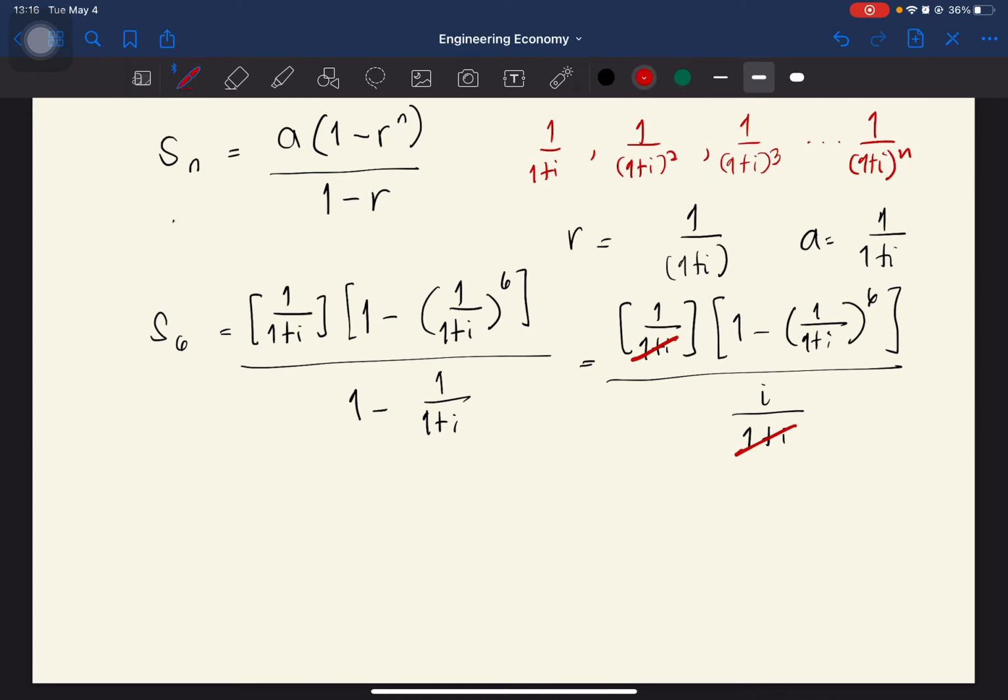So, ang matitira sa atin ay sum of 6 terms is yung sa taas, that's 1 minus 1 over 1 plus i raised to 6. Okay? Pwede mo i-distribute yung 6 doon sa numerator at sa denominator, yung 1 magiging 1 pa rin sa taas. Okay? Over, i na lang yung matitira sa baba.